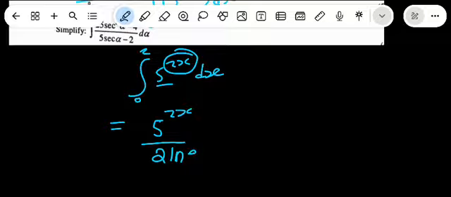What is the base? It's 5. All right, that is what we have there.